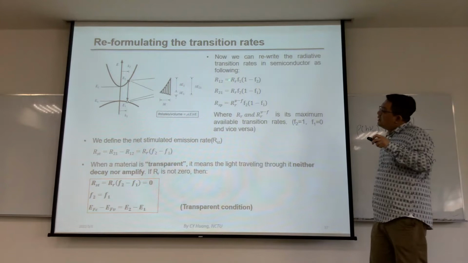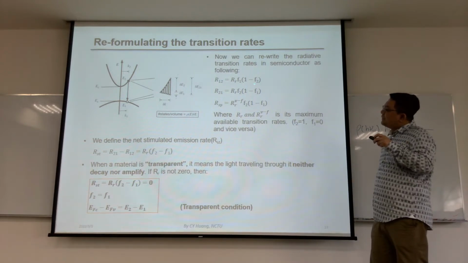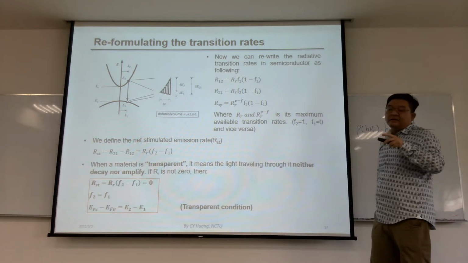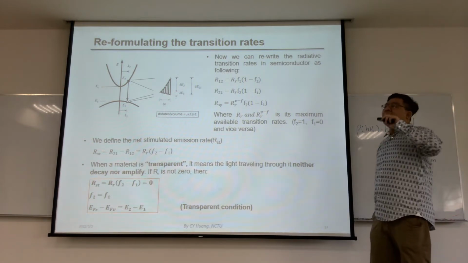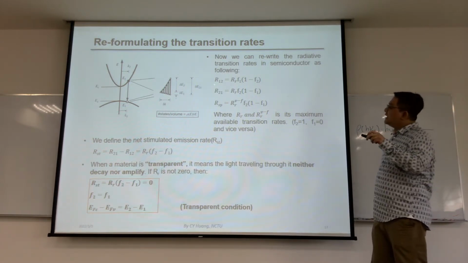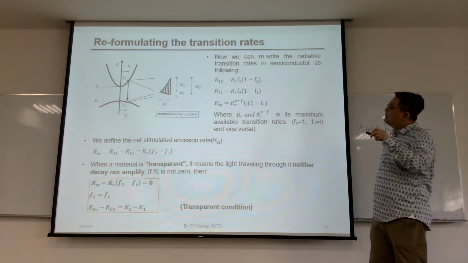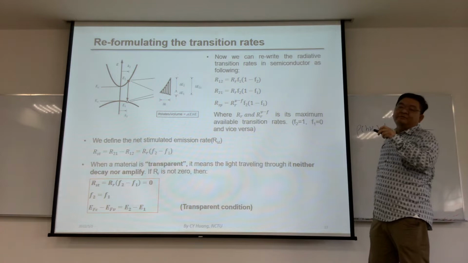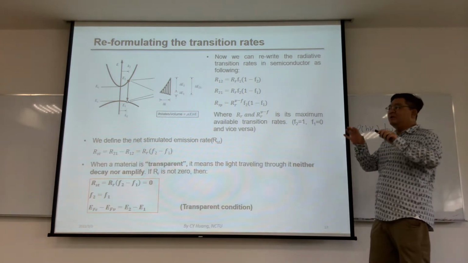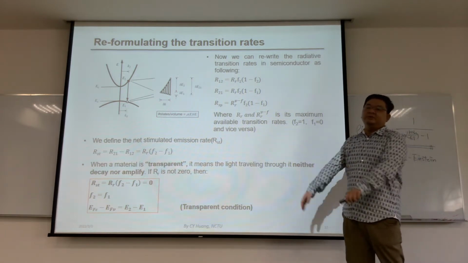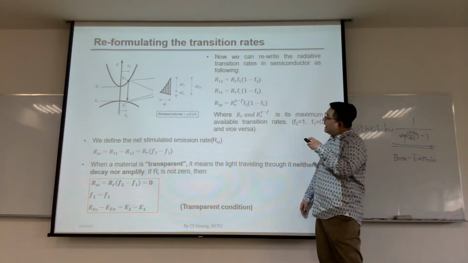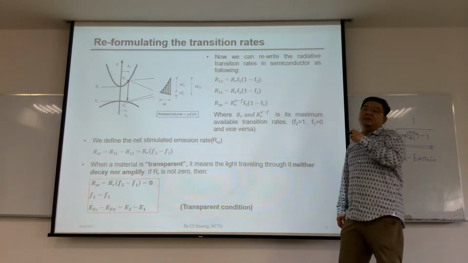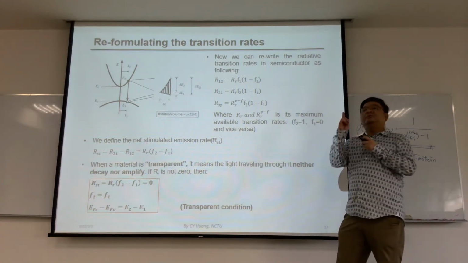First, if this is a real number, under no excitation, the R12 will be at its highest, with a very high F1 and a very low F2. That means all the electrons are at the lowest state. So how high could F1 be? At the most 1.